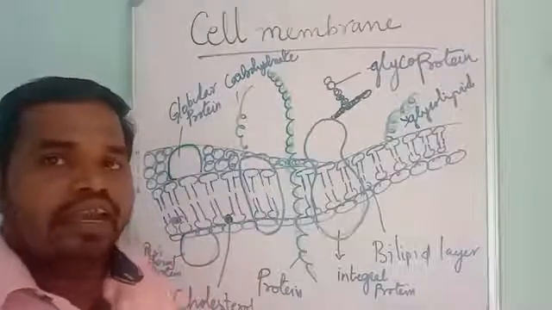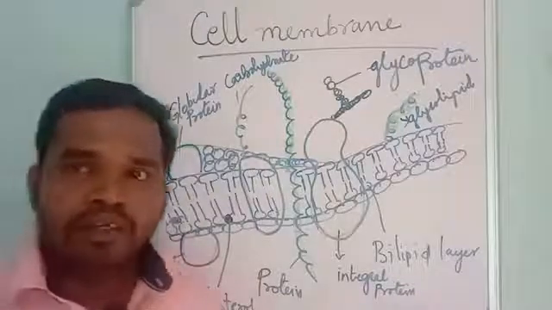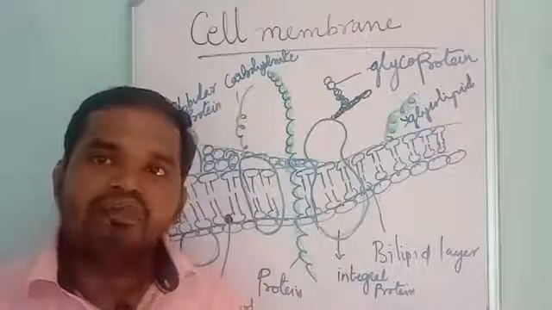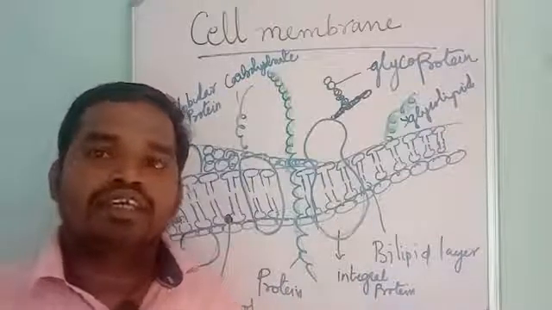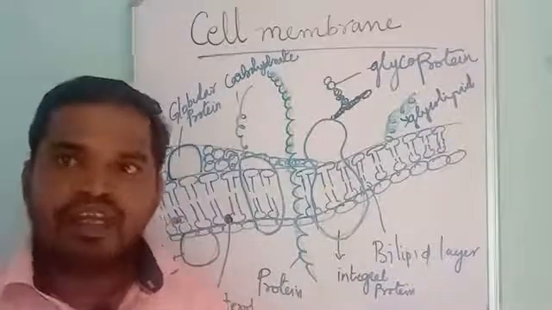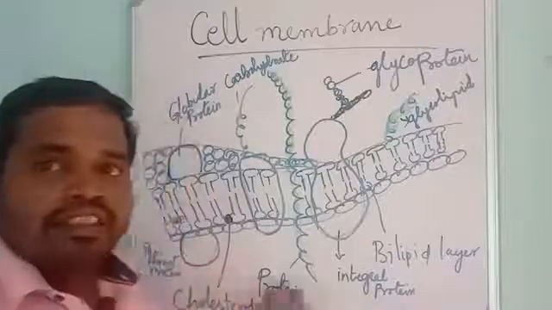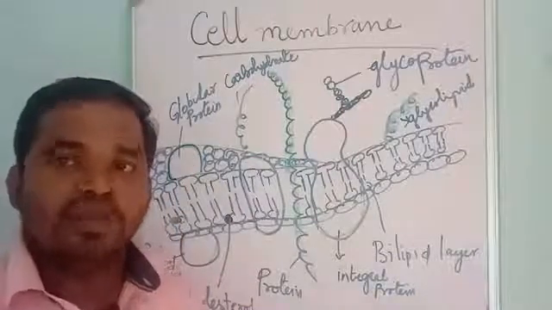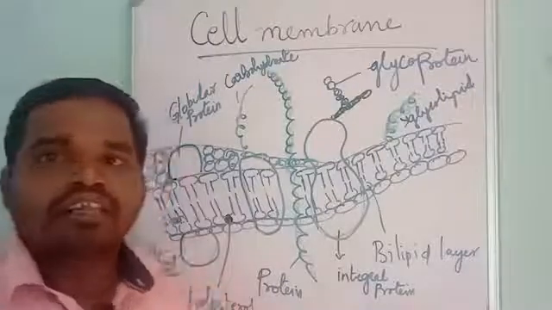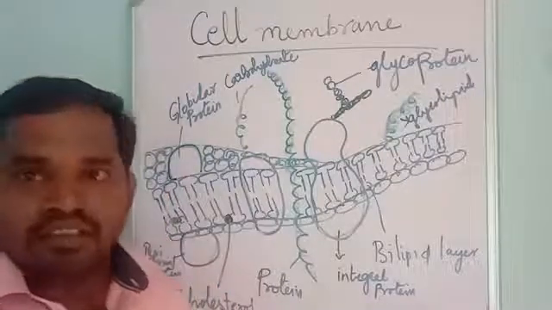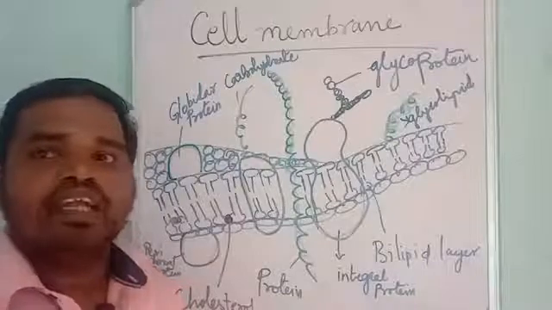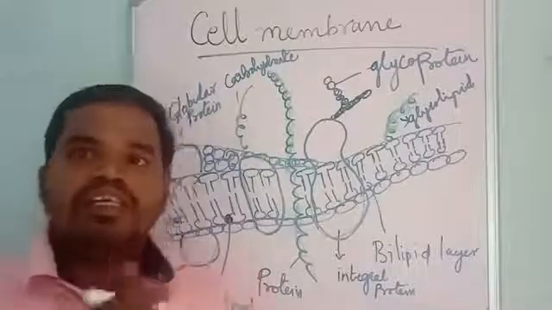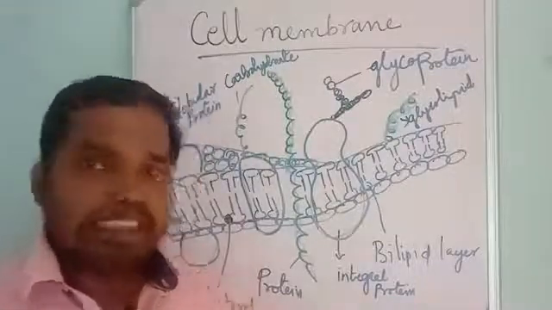The head regions are hydrophilic in nature, and they face outside the cell membrane. Okay, and the tail regions are hydrophobic, non-polar in nature. They face inside, toward the cytoplasm. Clear? So this is the chemical study of the plasma membrane.